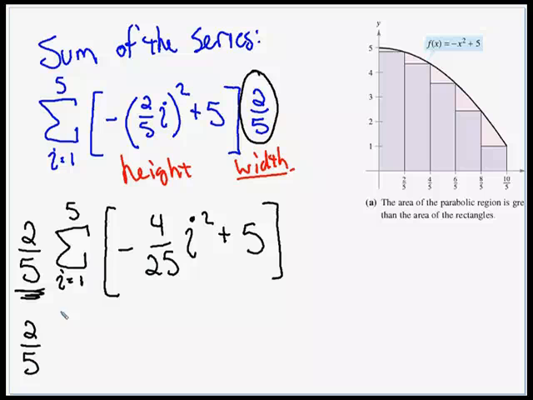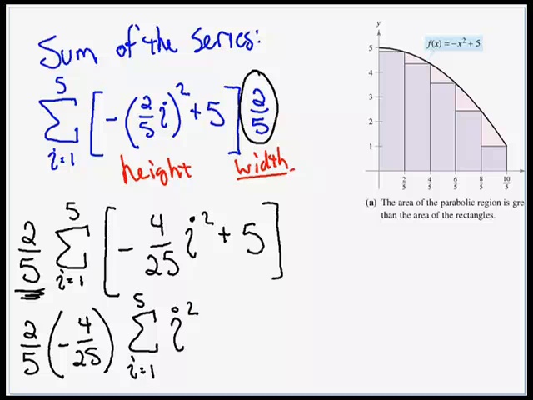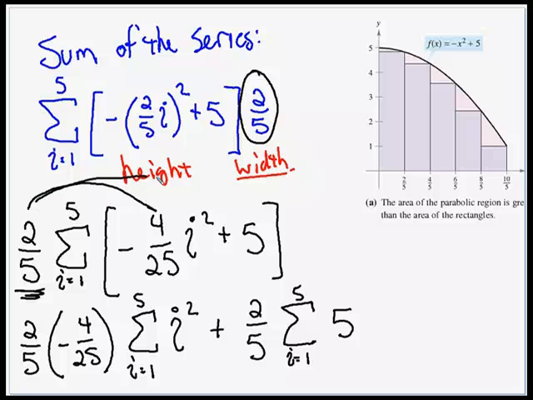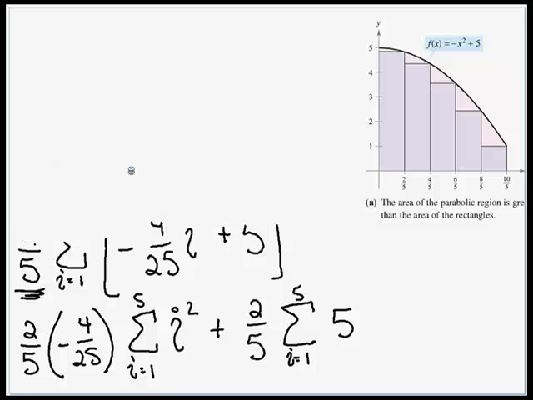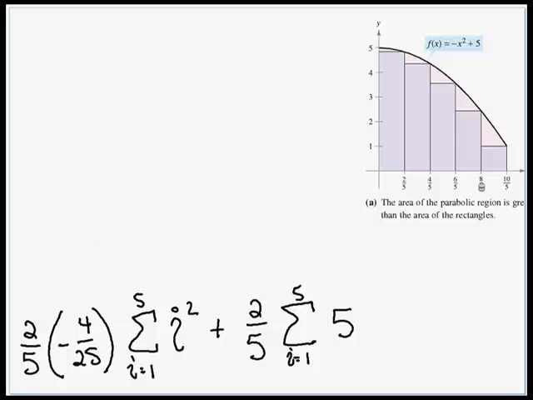So we're going to have 2/5, and we factor out the negative 4/25, and then we'll have our summation from i equals 1 to 5 of simply i squared, plus 2/5 times the summation from i equals 1 to 5 of 5. Remember, this 2/5 was distributed over everything, so it is here multiplied by the negative 4/25 that I factored out in front of the i squared. And I also need that 2/5 to be distributed across to that 5. So we're moving right along.